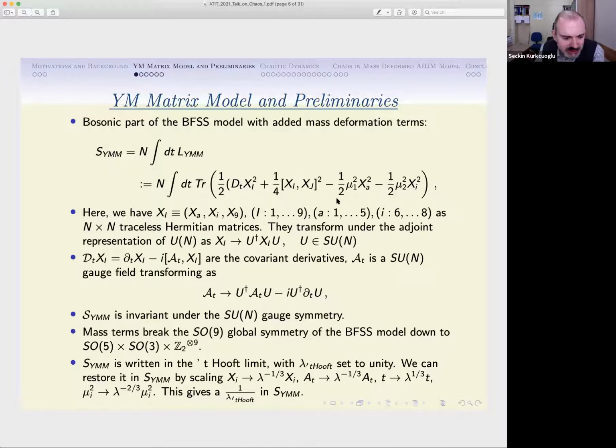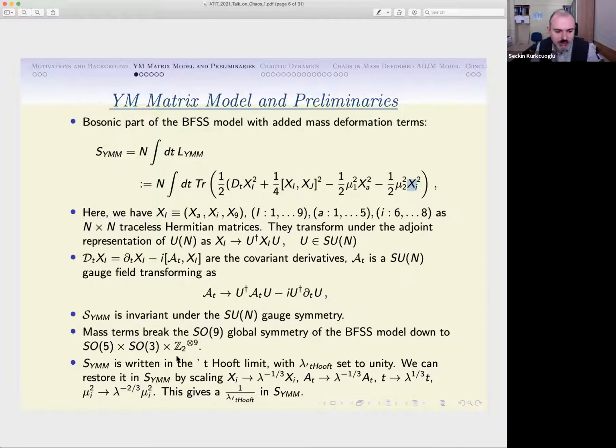You can easily see this. The first mass term involves only the first 5 matrices. So you can now only rotate among those first 5 matrices in order to keep the symmetry, and you can rotate among the other 3.